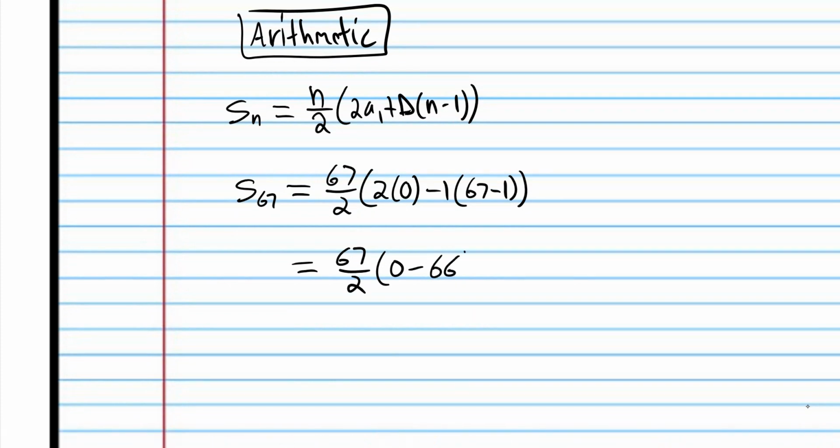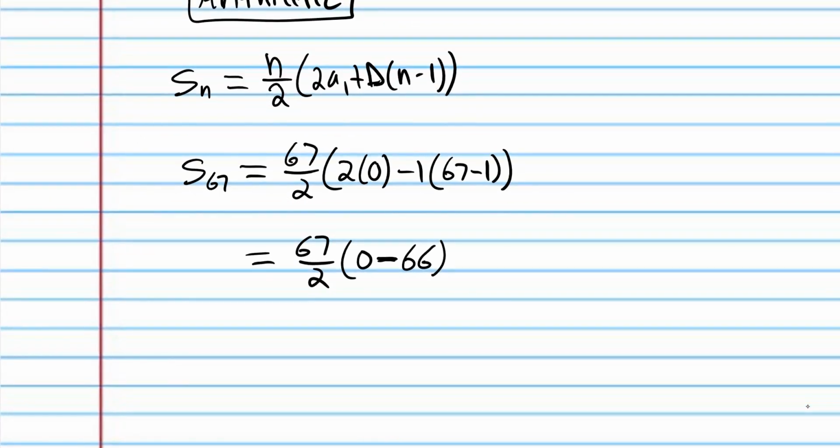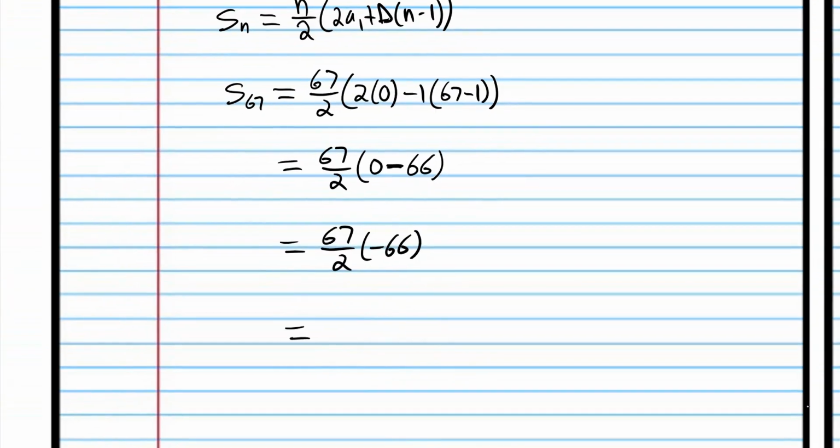Remember, always write nice and neat. So then we have 67 over 2 times -66. And let's do that in the calculator. So we have -2,211.